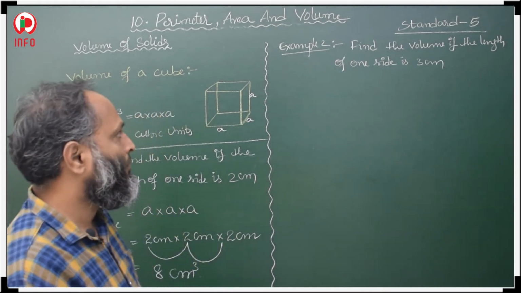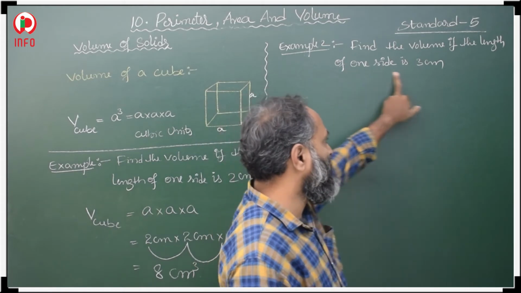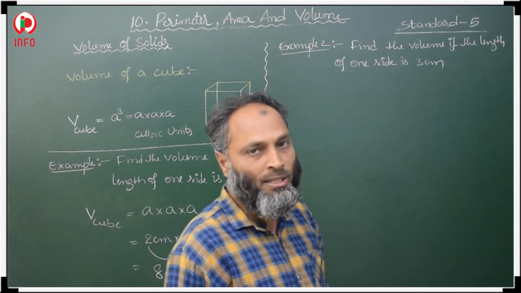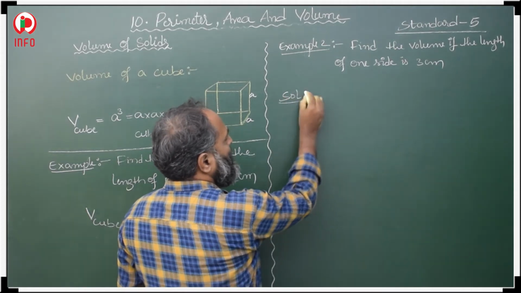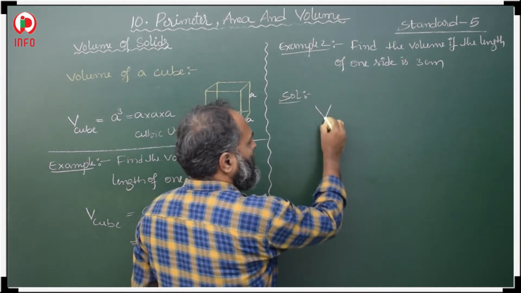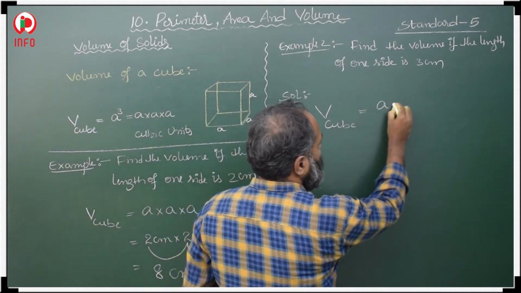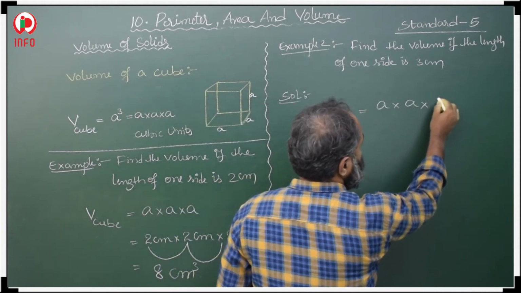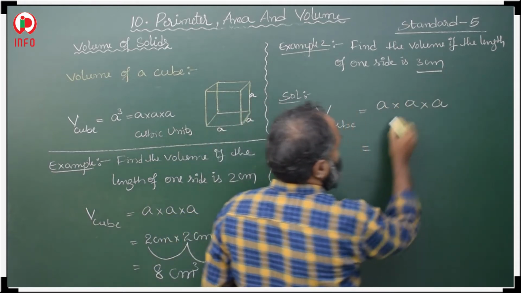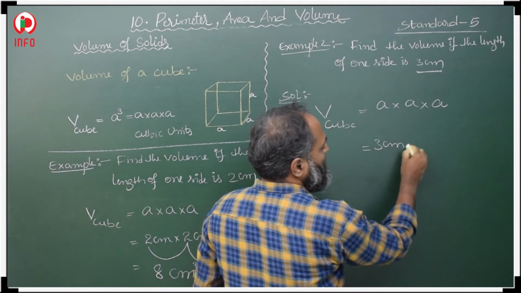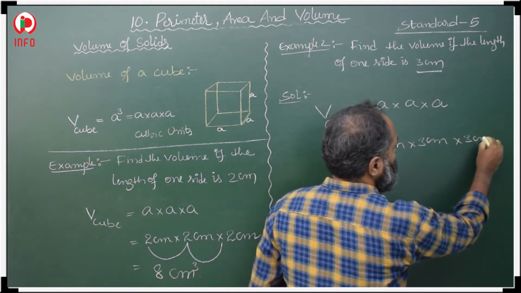Now in the second example, find the volume if the length of one side is given. Only one side is given, which means that is a cube. Here the volume of a cube is equal to side into side into side, that is a into a into a. What is the side here? 3 centimeters into 3 centimeters into 3 centimeters.